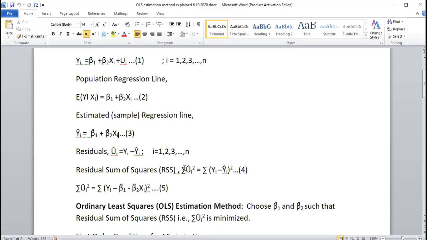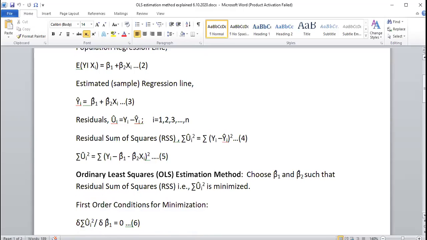And then if you have sample size 30, you have 30 ui hat, you square all of them and add them. Here you are squaring all residuals, i goes from 1 to 30, and add all of them. So you choose beta 1 hat and beta 2 hat so that this thing, the summation of squared deviations, is minimum. So that is the principle.